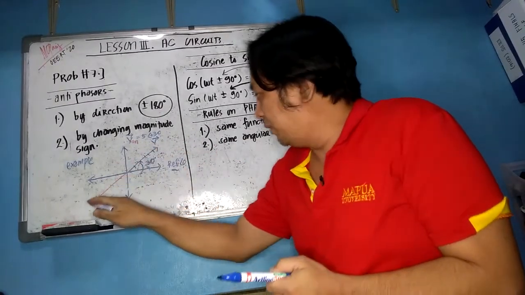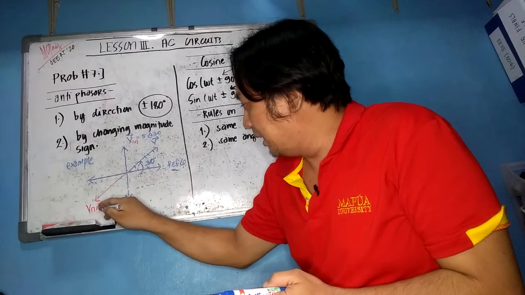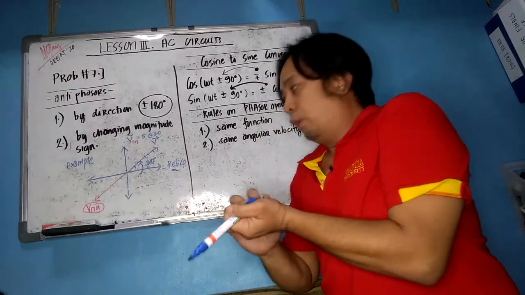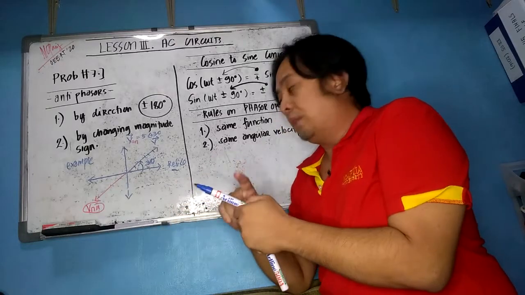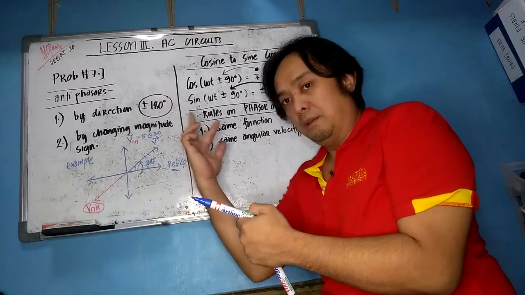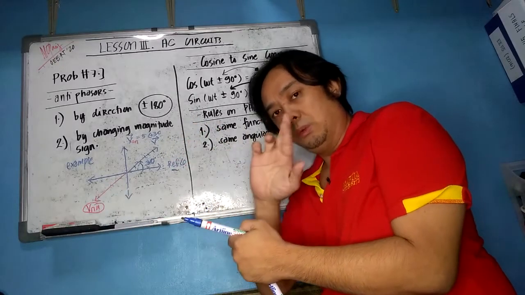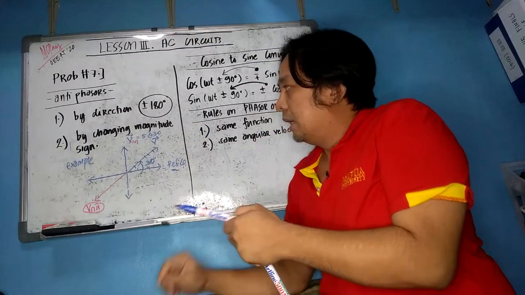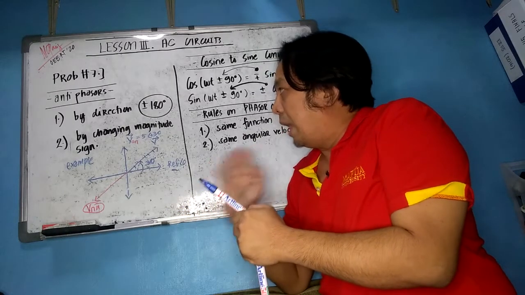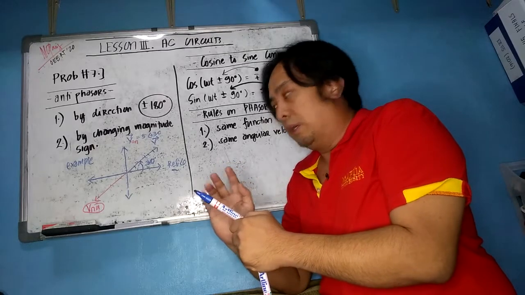I need to get vector VNA, which means the antiphase or opposite phase of that vector VAN. So you need to interchange the letters. How can you do that?